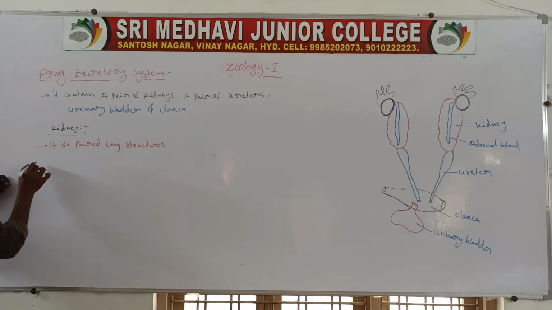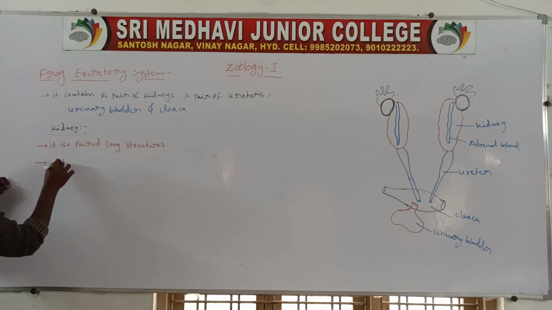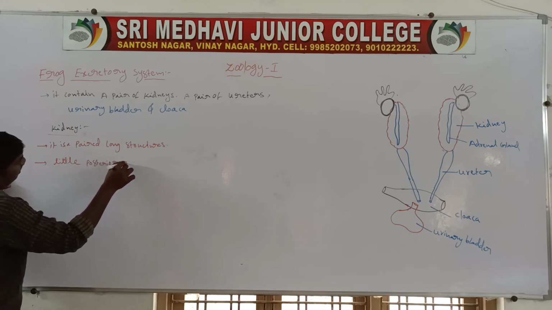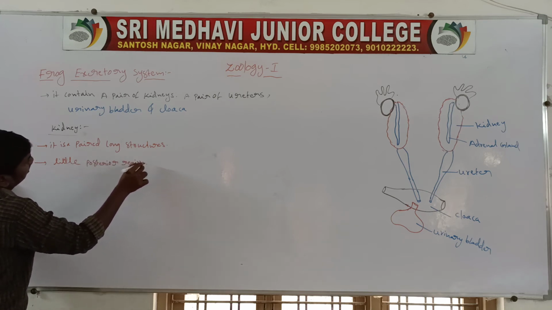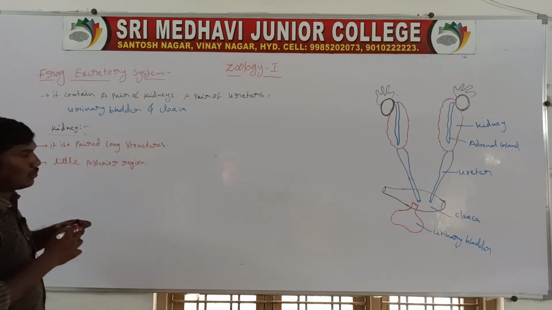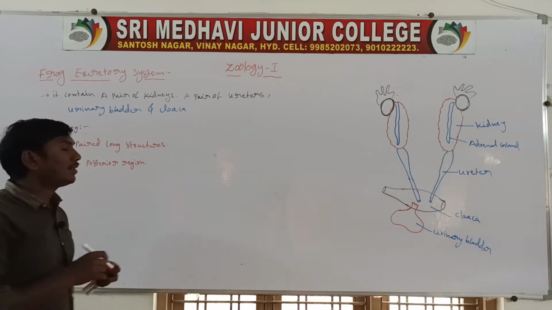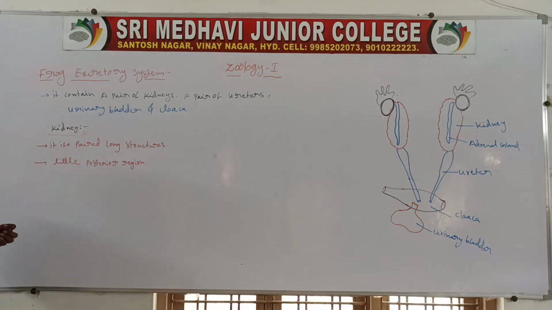They are situated in the little posterior region of the body. On the ventral side, the kidney has the adrenal gland.